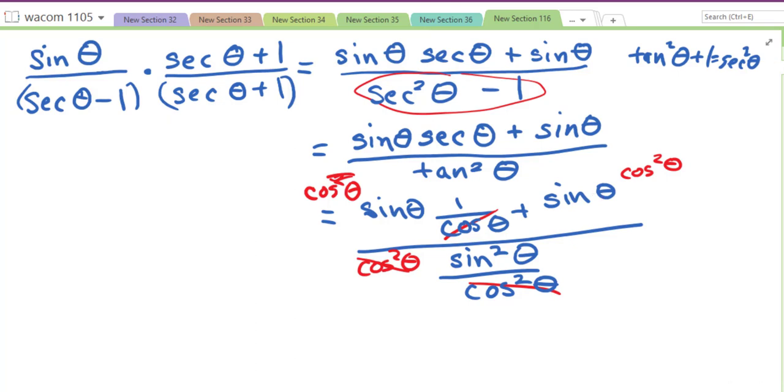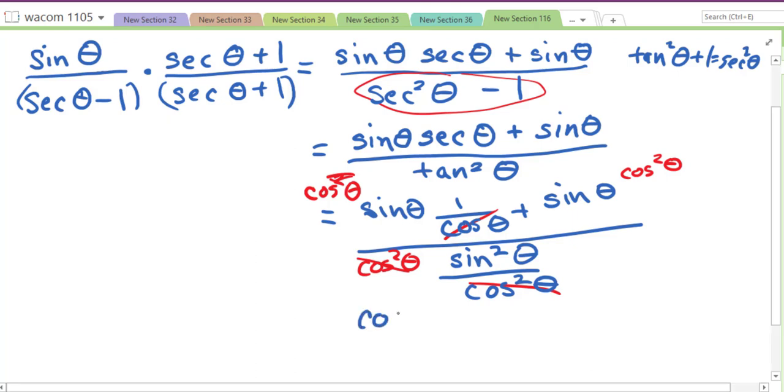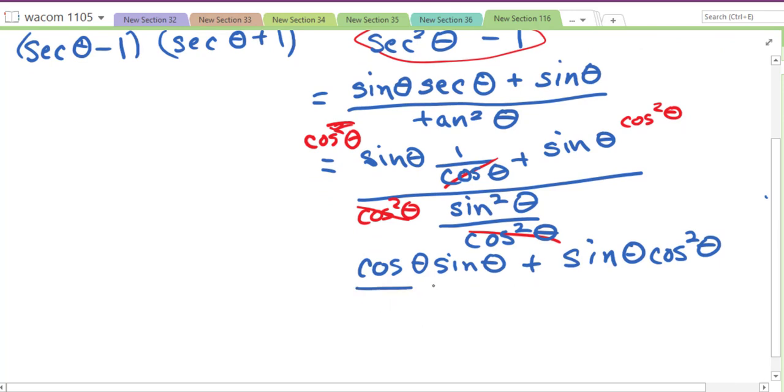Okay, so let's see what we have now. We have cosine theta sine theta plus sine theta cosine squared theta over sine squared theta. Right? Now notice that you have sine in both pieces and also in the denominator.